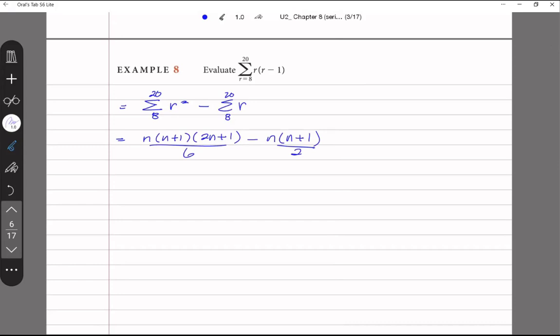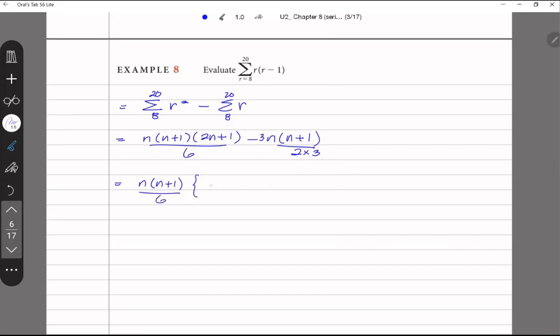Whereas if I do it this way, I'll only have 2 sets of calculation to do. I could multiply the top and the bottom here by 3, and then factor out n times n plus 1 over 6.